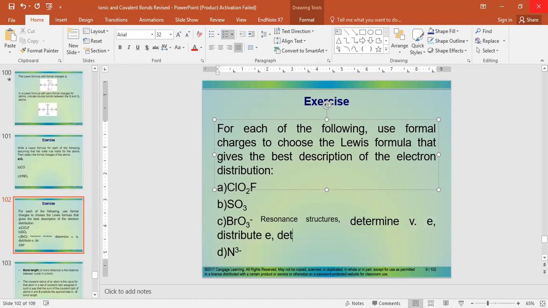Then determine the formal charge for each of them. For example, you can look at the resonance structures. Let me see whether I can load a resonance structure here for you.